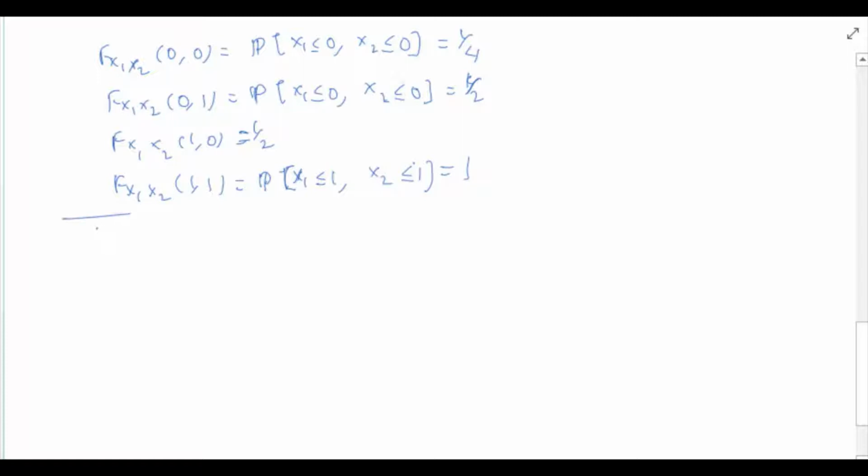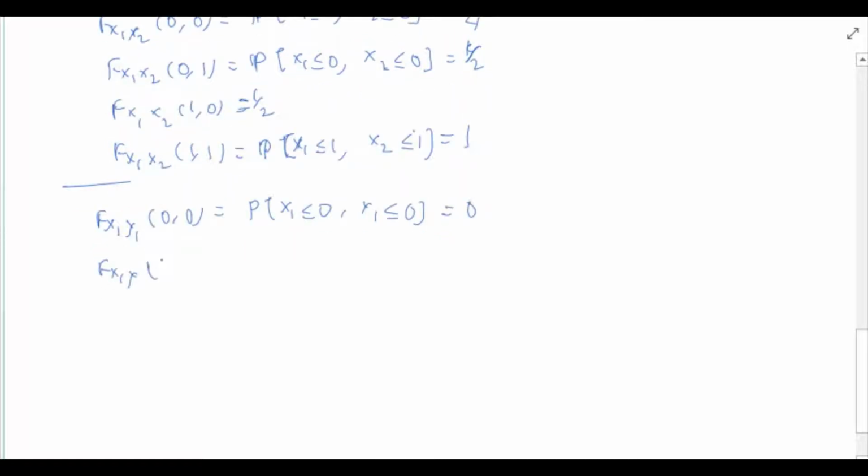Similarly, if we consider X1 Y1, then the joint distribution of X1 Y1 can be obtained as follows. F(0,0), that is no head in the first toss and no tail also in the first toss. This is an impossible event, so the probability of this event will be 0. F at (0,1) can be obtained as the probability of no head in the first toss and 0 or 1 tail in the first toss.